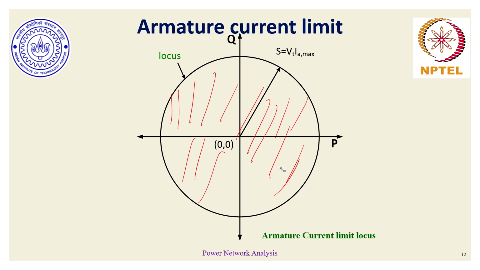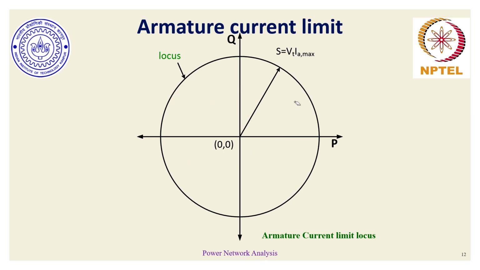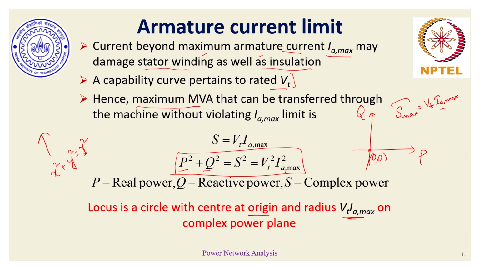And on this plane, if I have to mark the corresponding impedance angle or load angle, which is theta, because if you remember, P is nothing but apparent power into cos theta, and Q is nothing but apparent power into sin theta, where theta is the power factor angle or load angle.